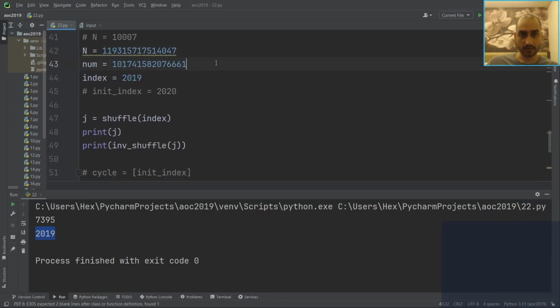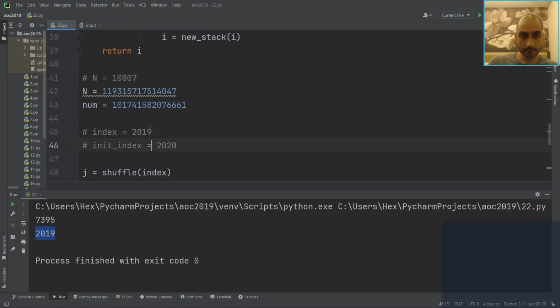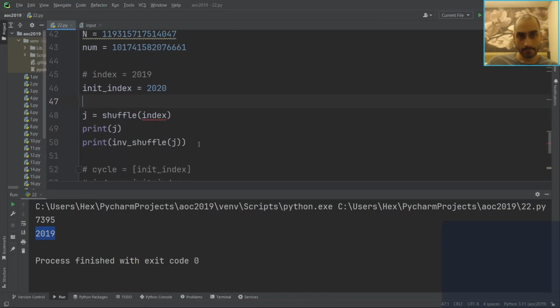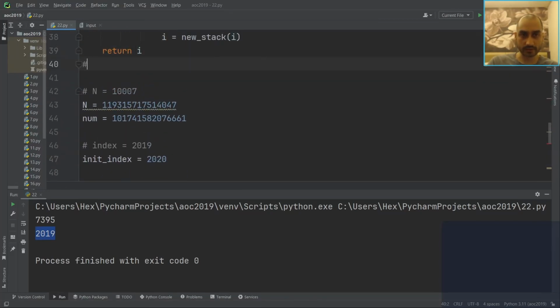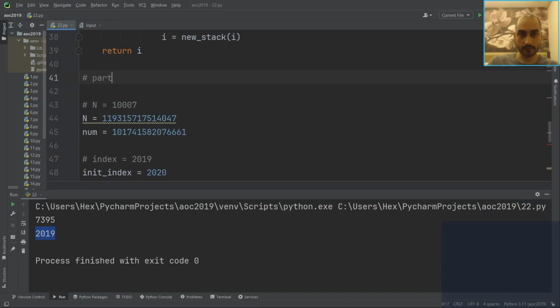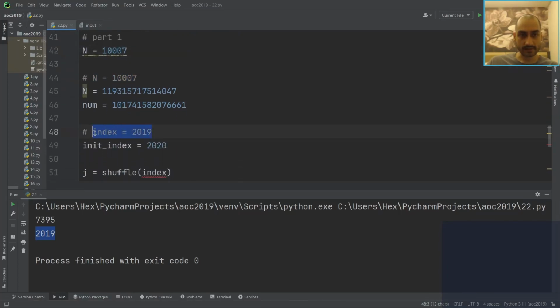So basically, we know how to shuffle once. Hang on, let's just make sure. Part 1. N is this. Index is this.